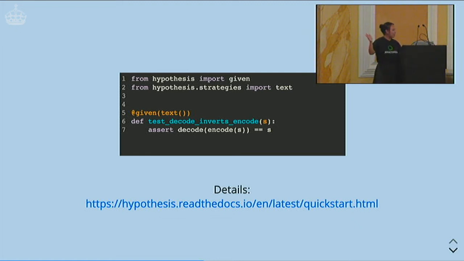It's only 5 lines of code, not counting the empty ones. The generated data will be called s in the test function, and then we check whether encoding and decoding it gives back itself. Very simple, right? Let's do that for real to see if it works.